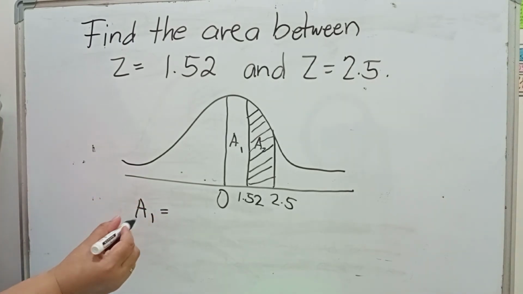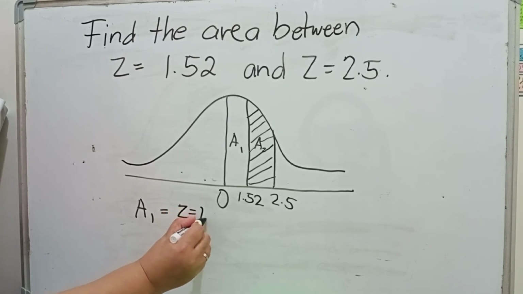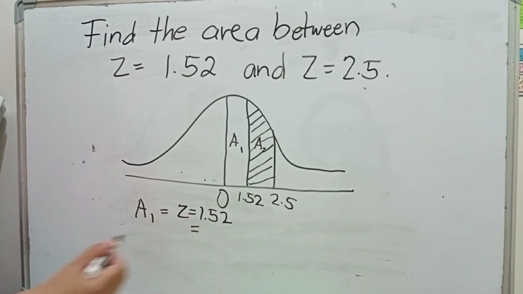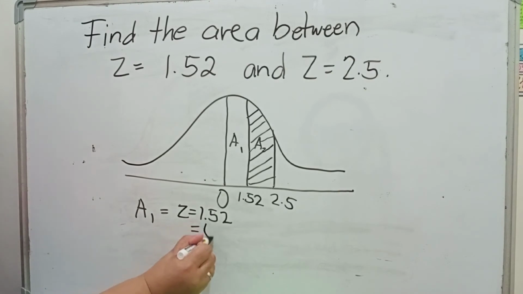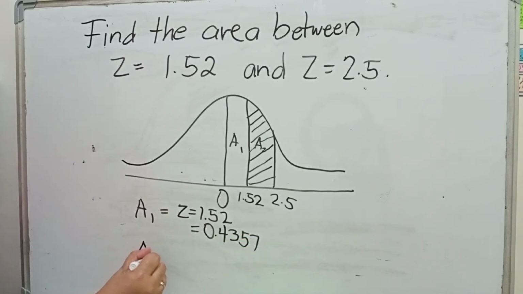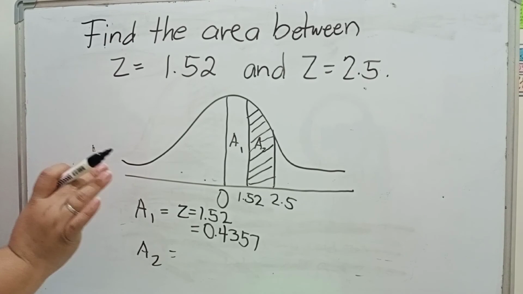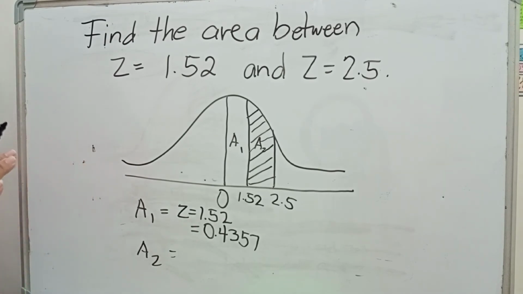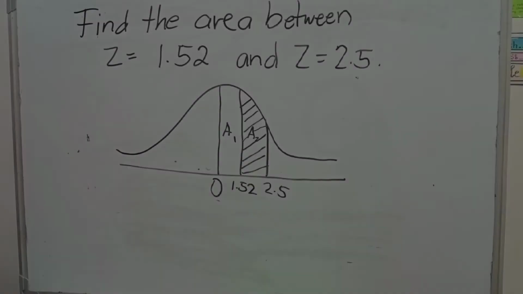A sub 1 is the area for z = 1.52, and using our table, it is 0.4357. Then A sub 2 is the area between z = 0 and z = 2.5. Using our table, z = 2.5 gives 0.4938.